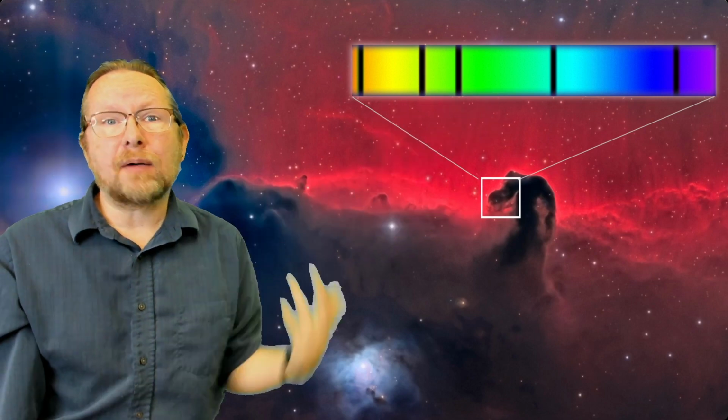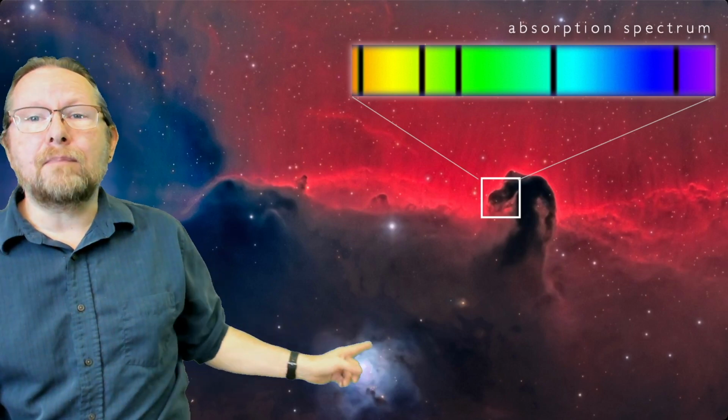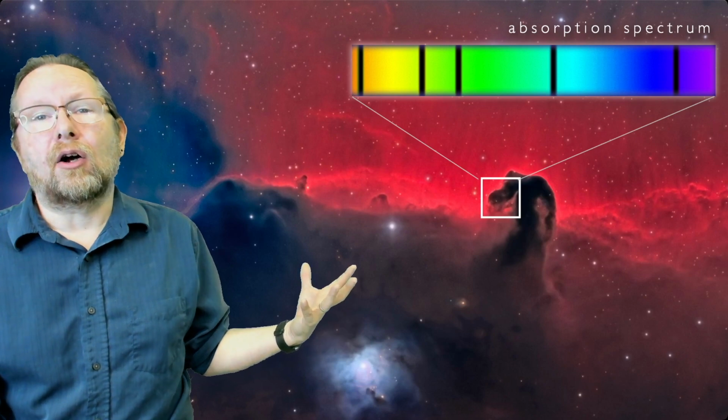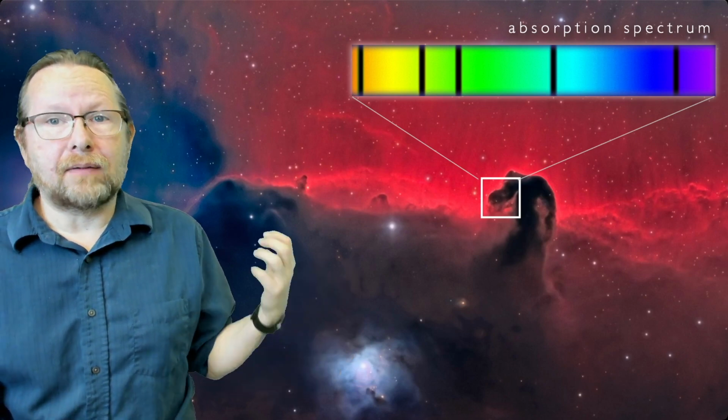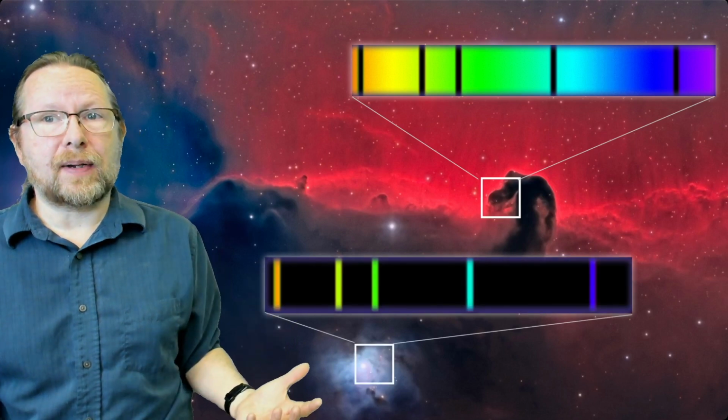If we look at the light passing through this dark gas, we will see certain wavelengths of light absorbed by the gas in the nebula. That is an absorption spectrum. If we look at the light being emitted by the gas that's being caused to glow by the heat and light from the nearby stars, we will see an emission spectrum.